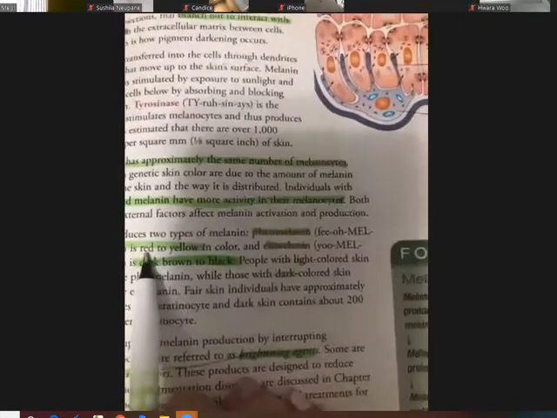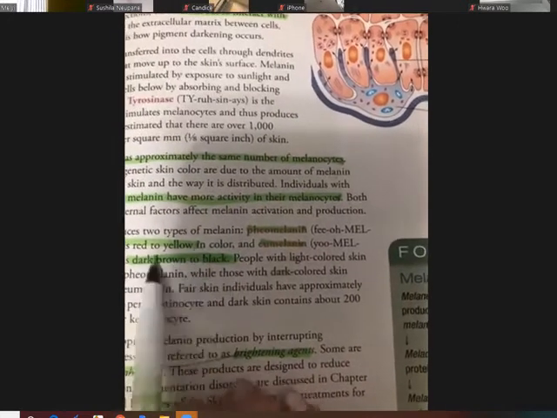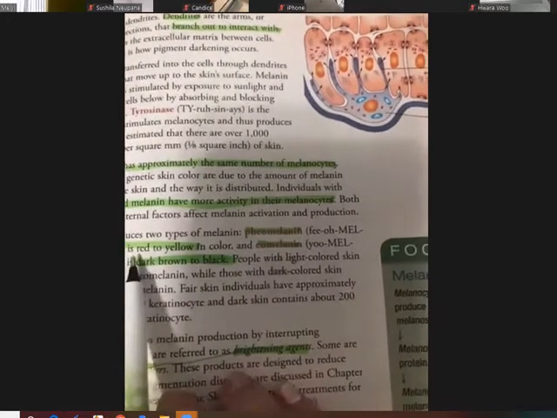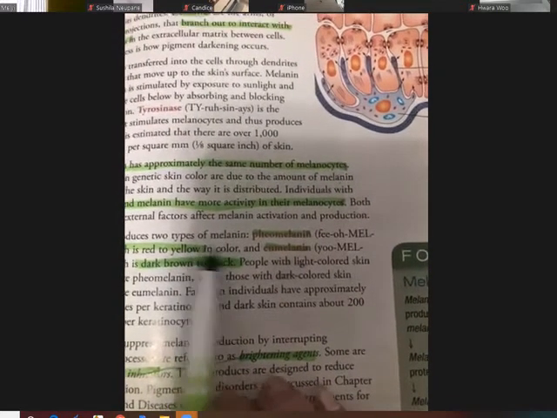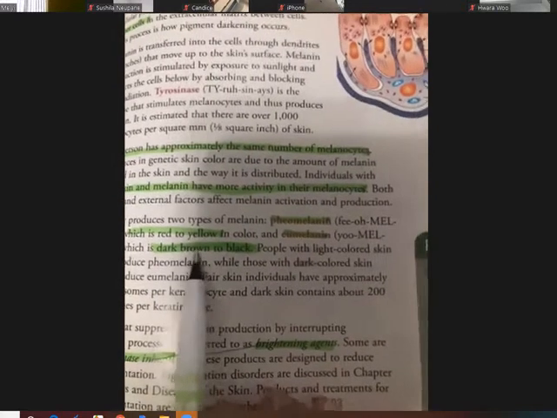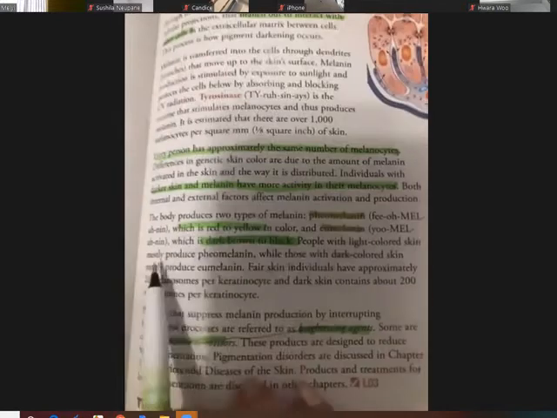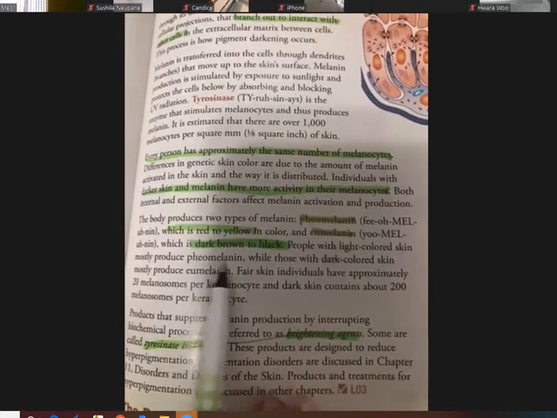Pheomelanin produces red to yellow color. Eumelanin produces dark brown to black. So people with light skin produce pheomelanin.